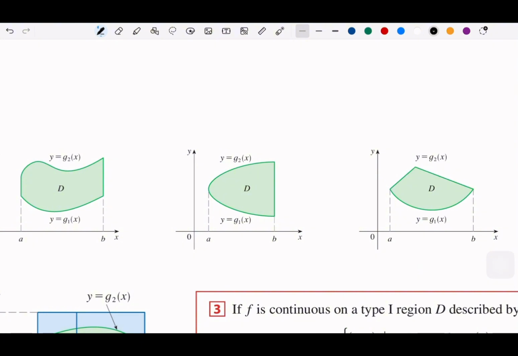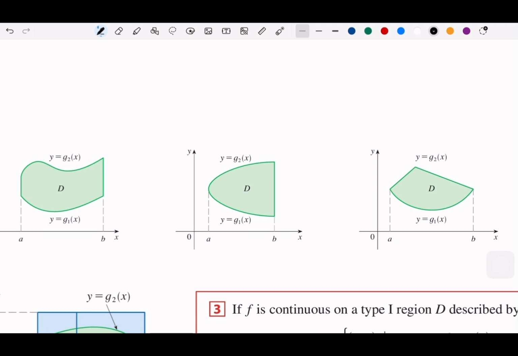We can have two curves in between, and the curves are in terms of x. That means we can use this when we have the integration with respect to y.